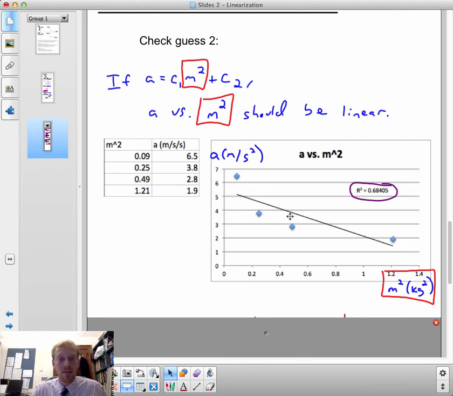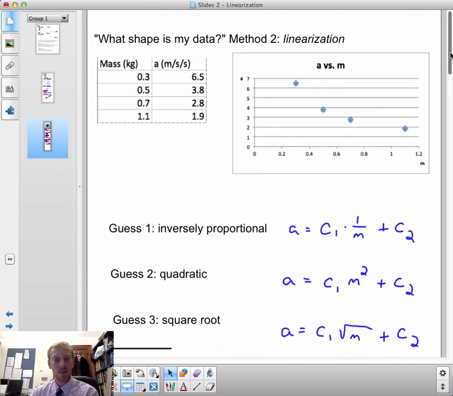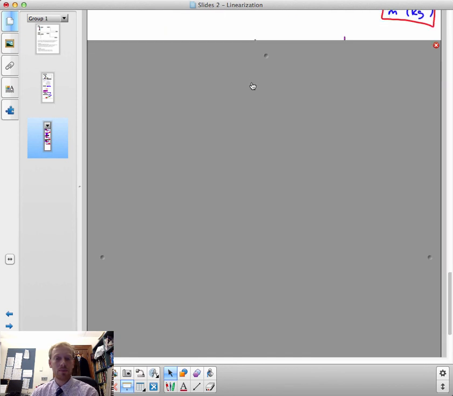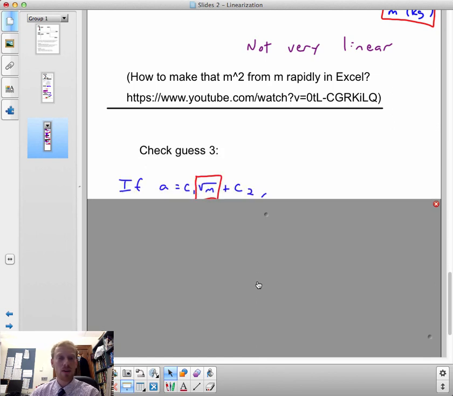Is it a line? No, it's not very linear. Excel is saying r squared is equal to only 0.68. This is not a very good line. So this original relationship is not very parabolic. Guess 2 was not a good guess. And again, in my other screencast, I show you how to very rapidly make the m squared column.